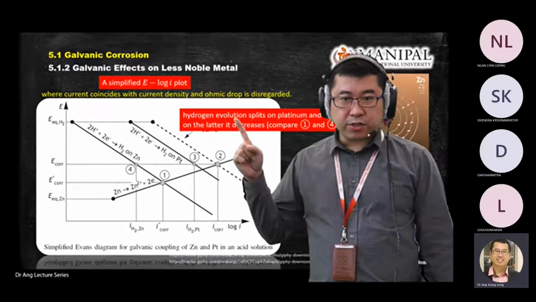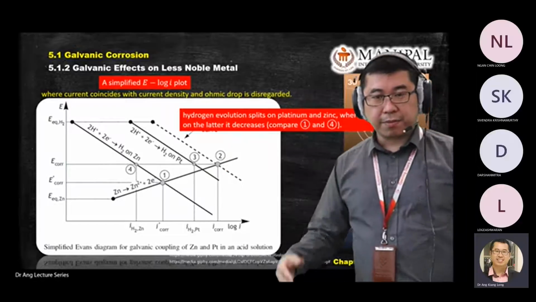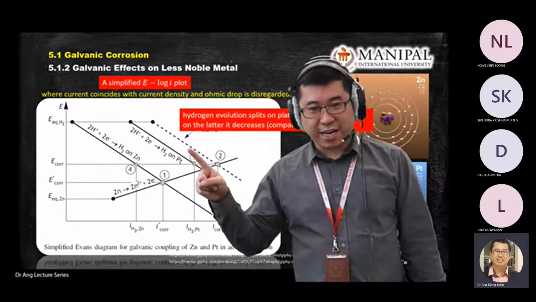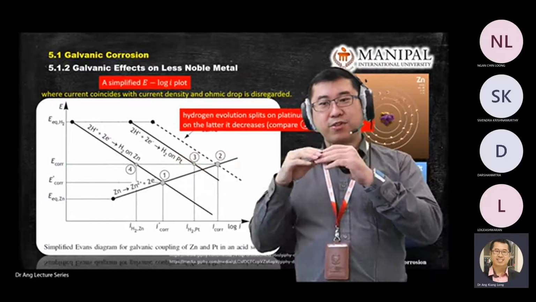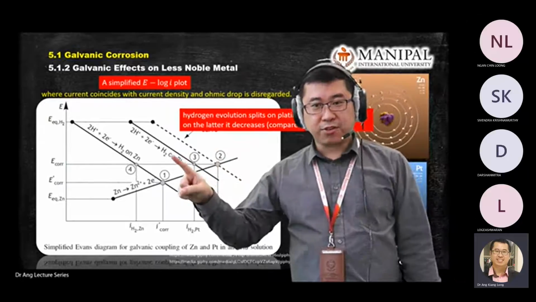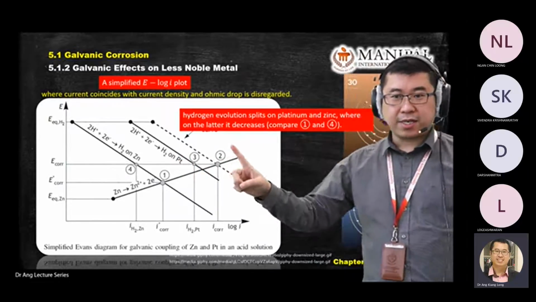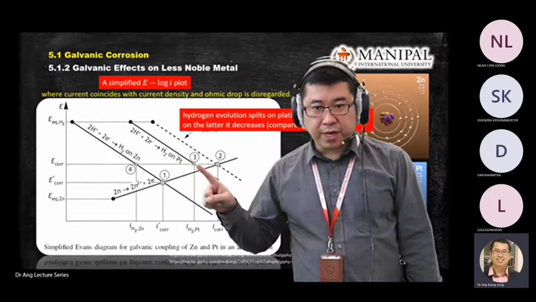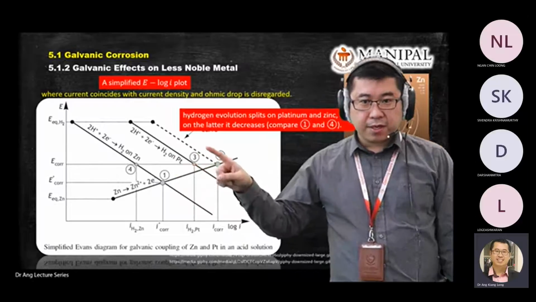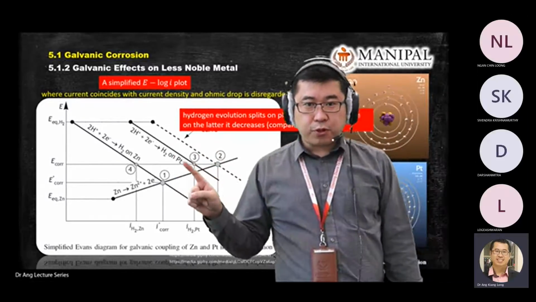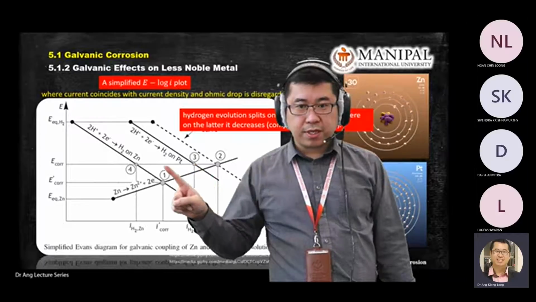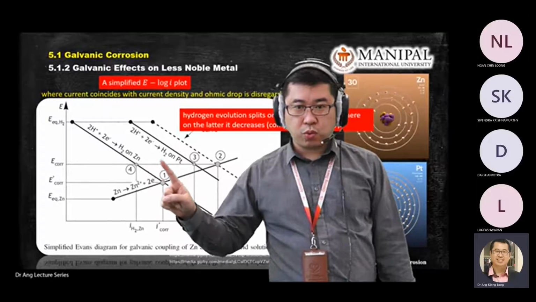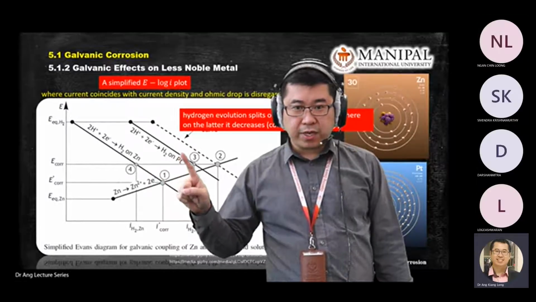Okay, this one is about hydrogen evolution, meaning you are generating hydrogen, or combining electrons with the positive charge. In this case, hydrogen was created. So as you can see here, when coupling happens, the potential is the same between the two bodies, platinum and zinc.